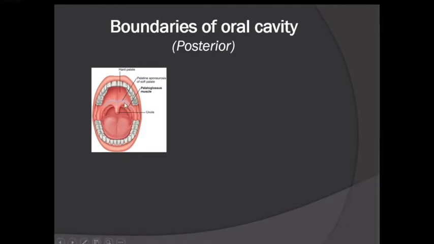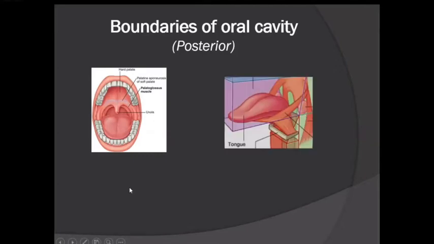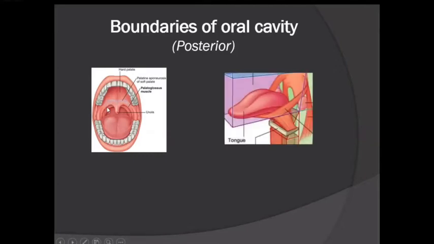This is the posterior boundary, and you have the uvula, and on the other side again the palatoglossal arch. We'll talk about the muscles a little bit later. Now, if you concentrate here, you have a palatoglossal arch and palatopharyngeal arch. I just wanted to show you the muscles.